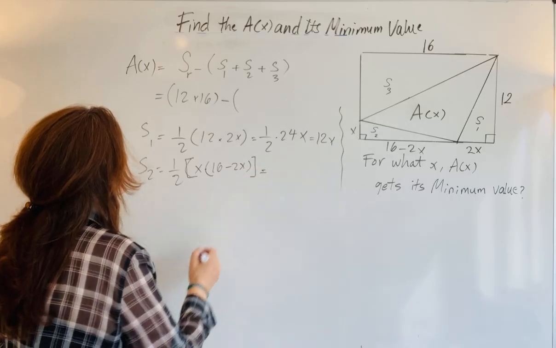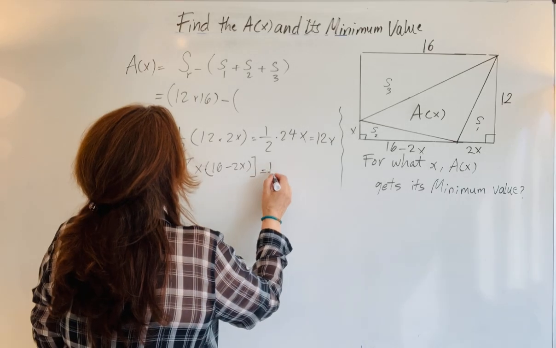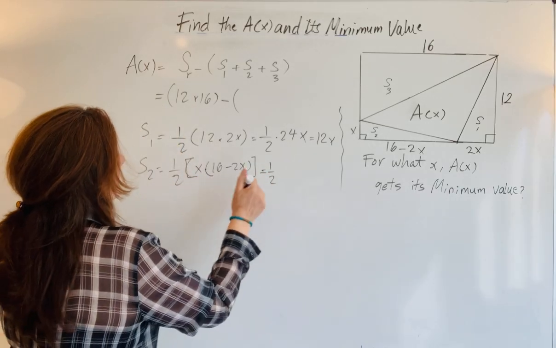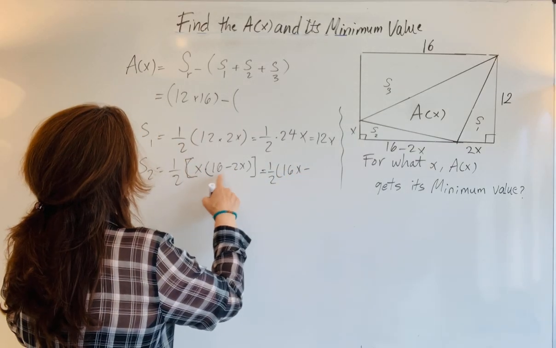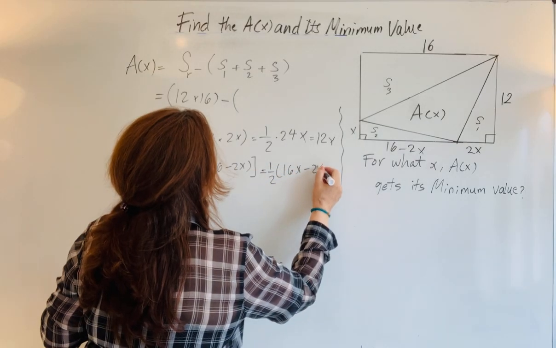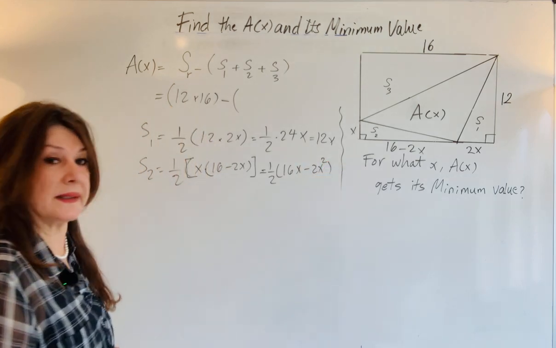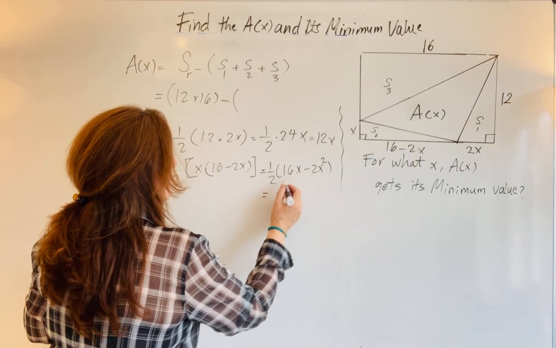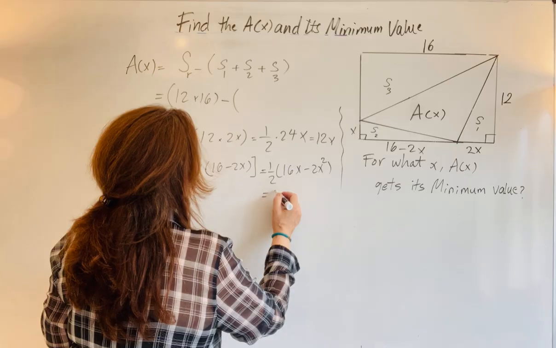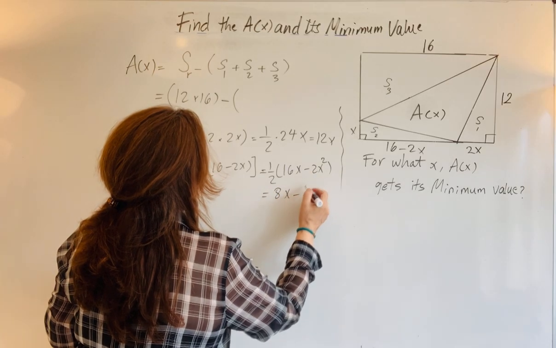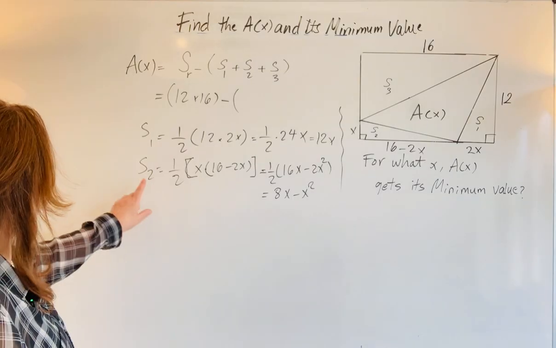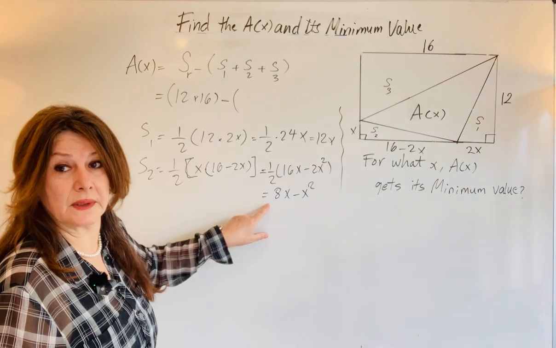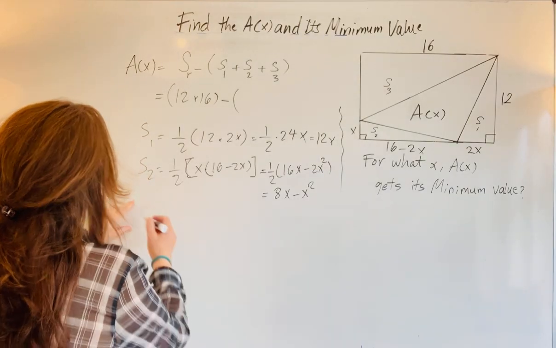That is 1/2 x times this: 16x minus 2 times 2x, 2x squared. Simplify everything by 2. This is 8x minus x squared. S2 is this one, right? Okay.